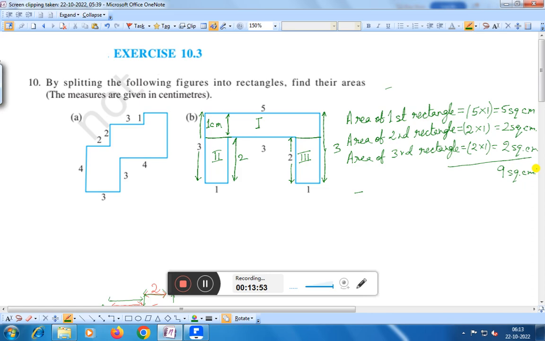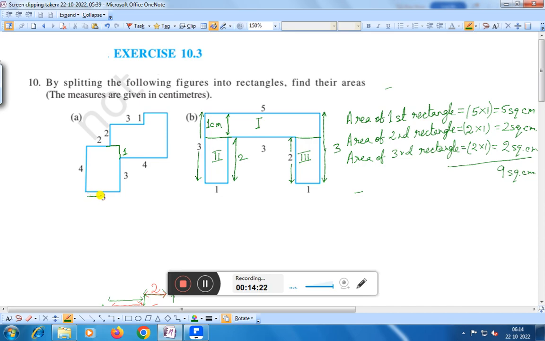We have to find the length of every side to get the area, right? Let us again repeat the figure number 1, right? Suppose we draw a rectangle like this, right? Here the length is 4 and it is 3, 4 minus 3, it is 1 centimeter, right?